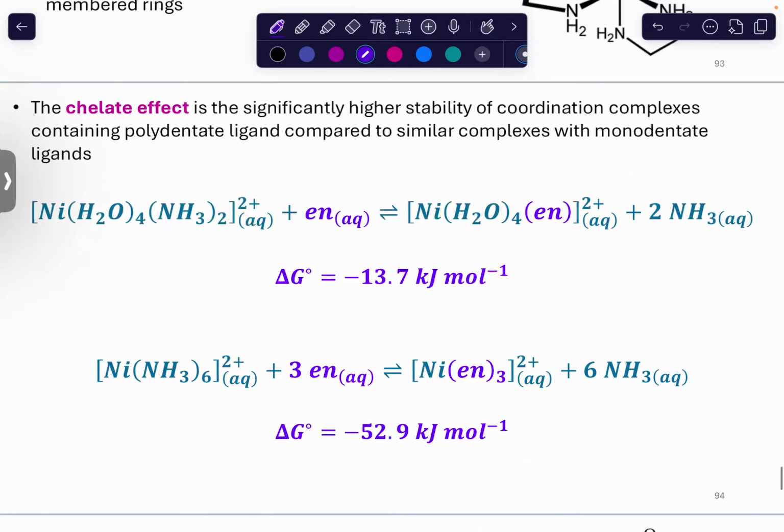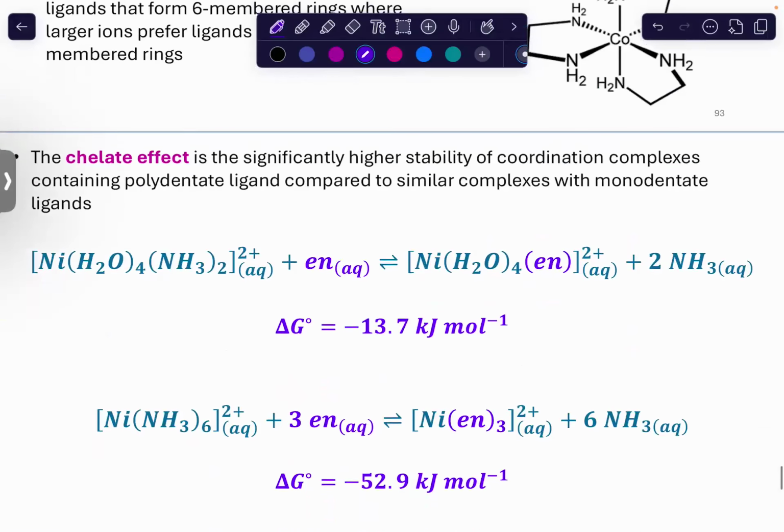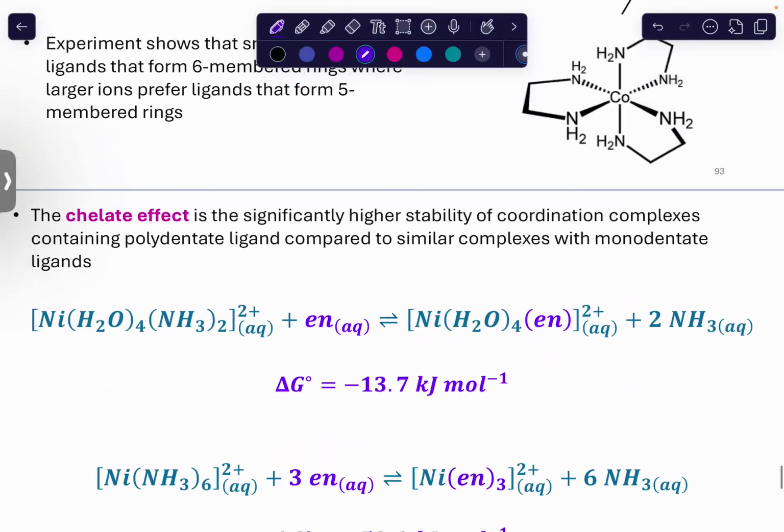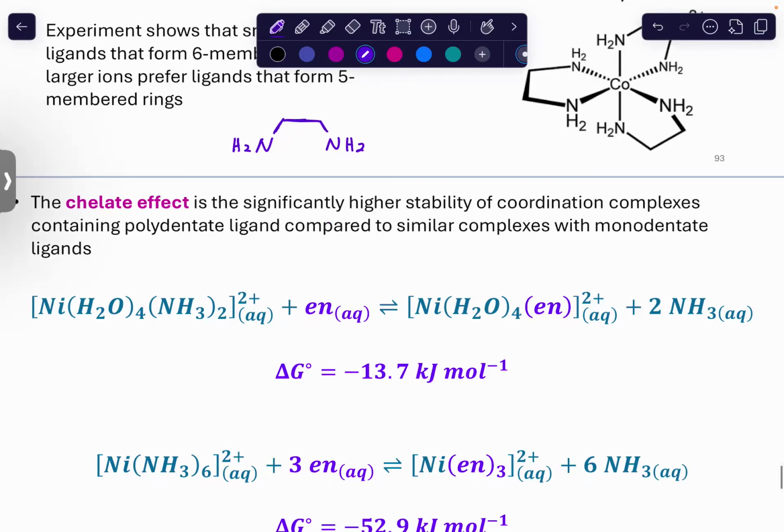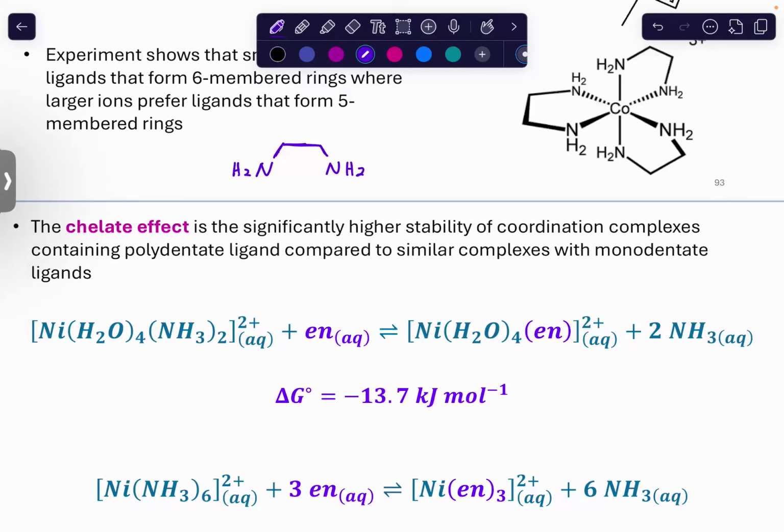Your ethane diamine, before it's chelated, or before it forms a ligand, looks like that. I should ask you if that one is cis or trans.